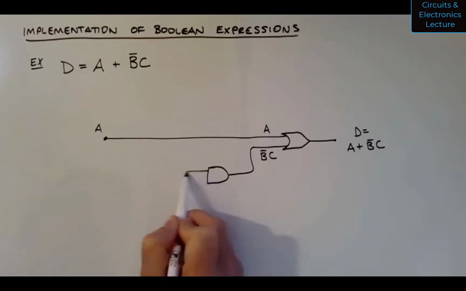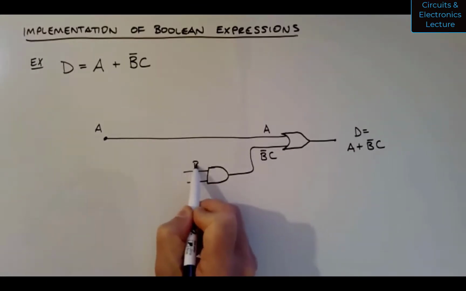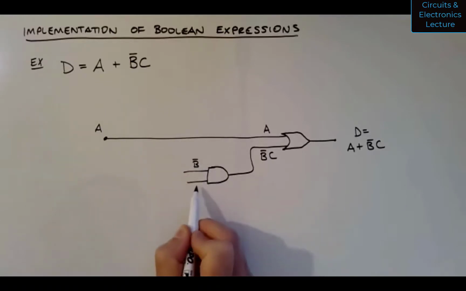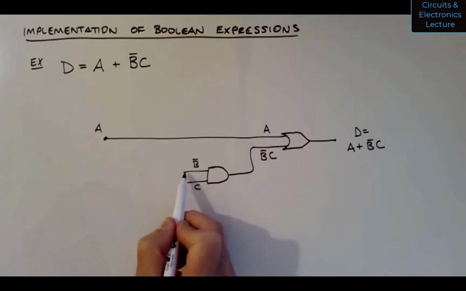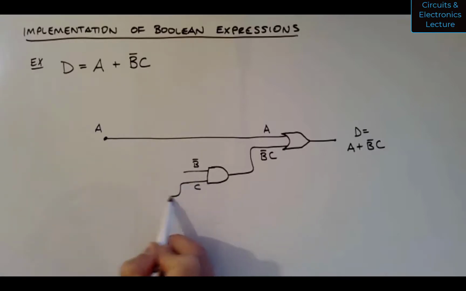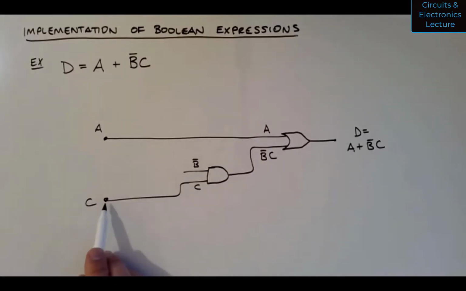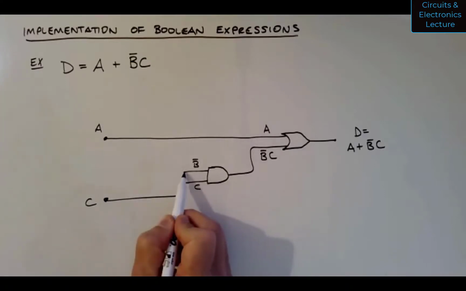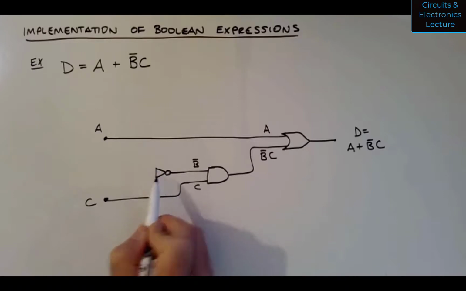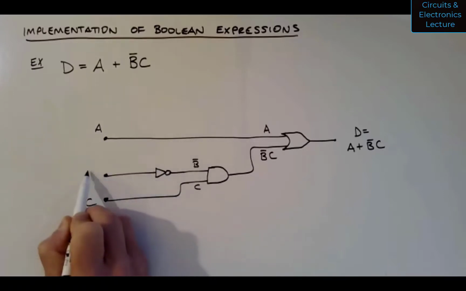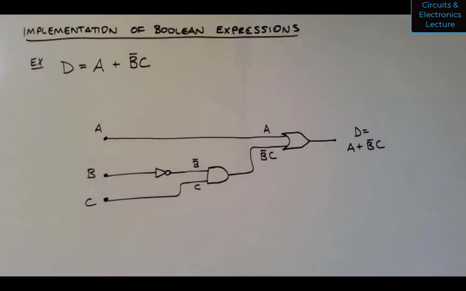At one input, I want B inverse. The other one, I want C. So now I have C, that's an input. I can apply 5 volts or 0 volts for 5-volt logic as an input here. And I need B inverse, so I can just use a logical inverter like that. Okay.